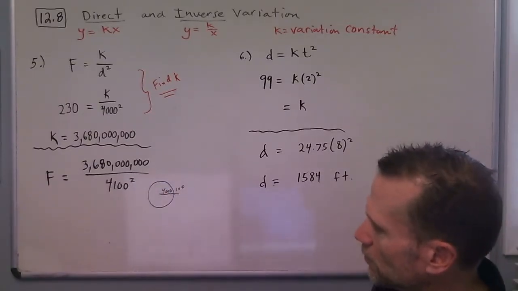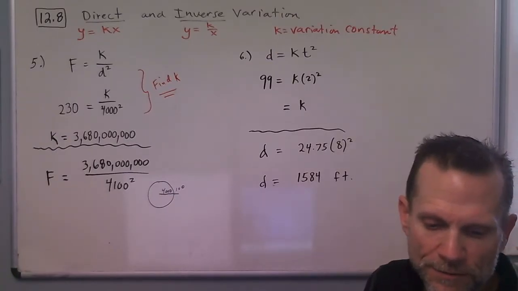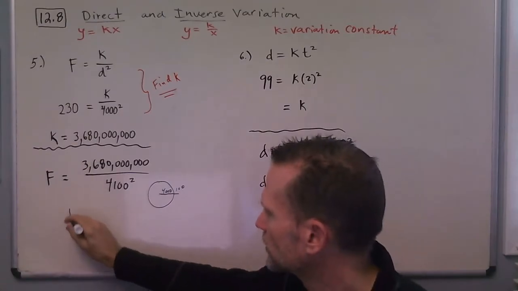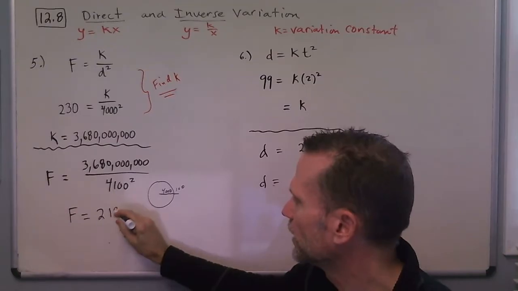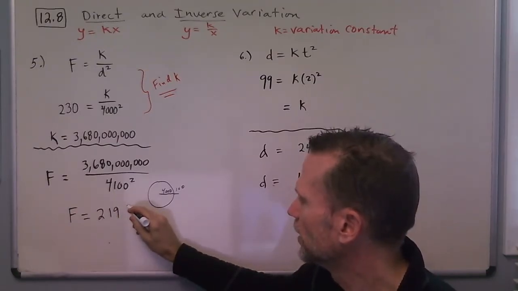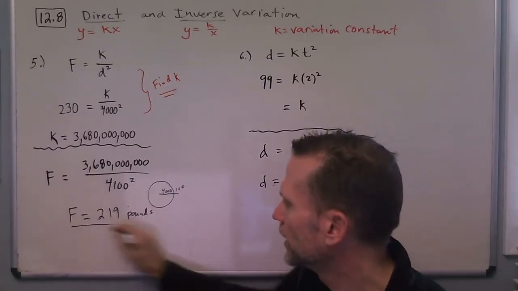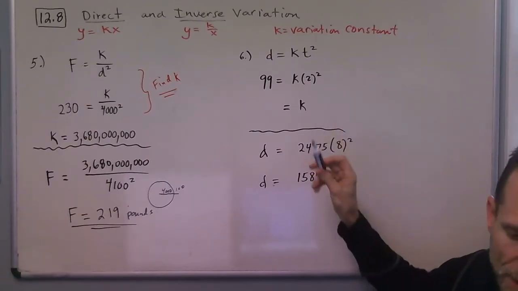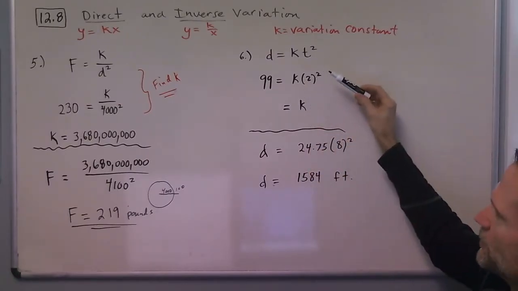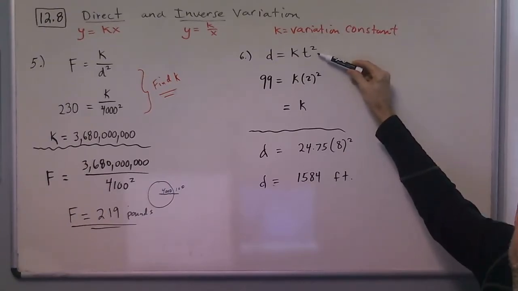So we can just do that on our calculator, and what we end up finding out is that it does say round to the nearest pound, okay, that the astronaut's weight is 219 pounds.